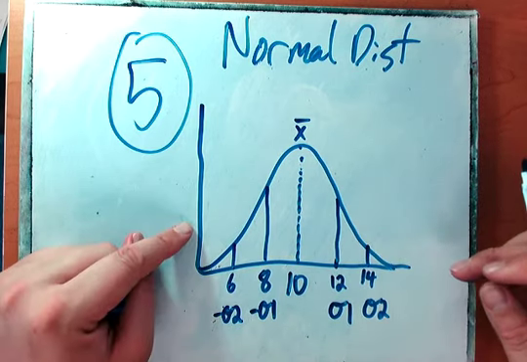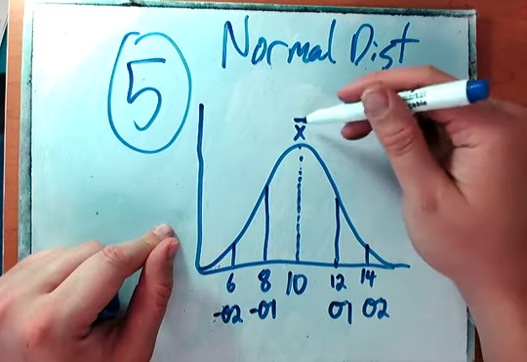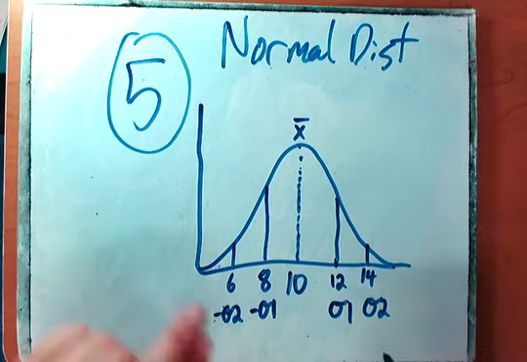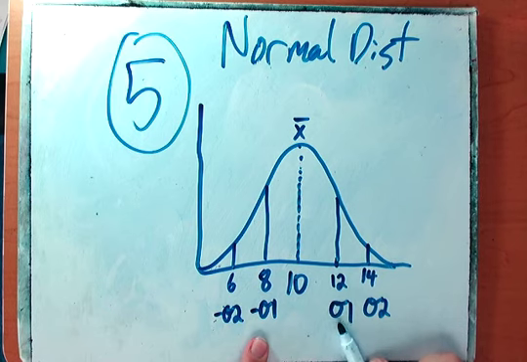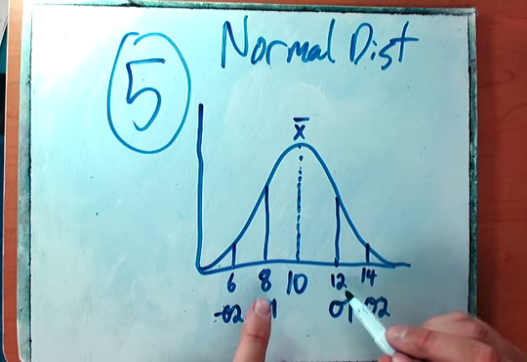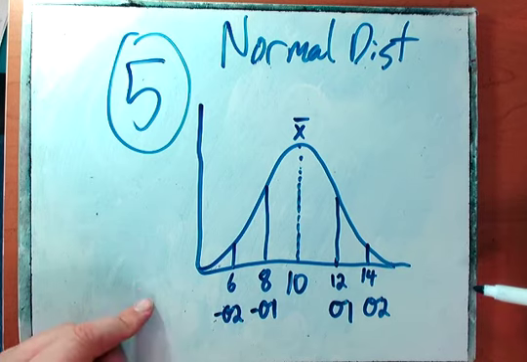So this kind of graph would get you perfect marks. You want to acknowledge this is the mean, or x bar. You want to acknowledge that every step out of sigma, of the standard deviation, is 2, and you've written that in numbers here. And every step, the probability of it occurring goes down.